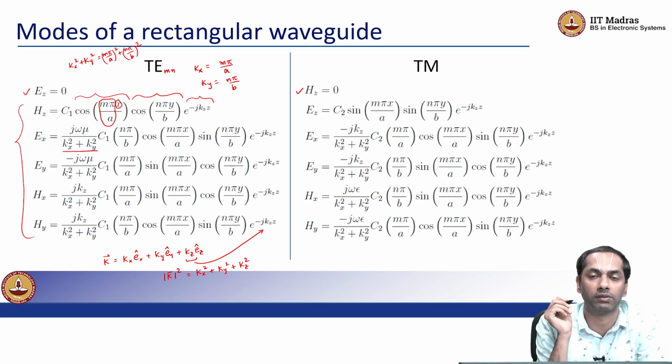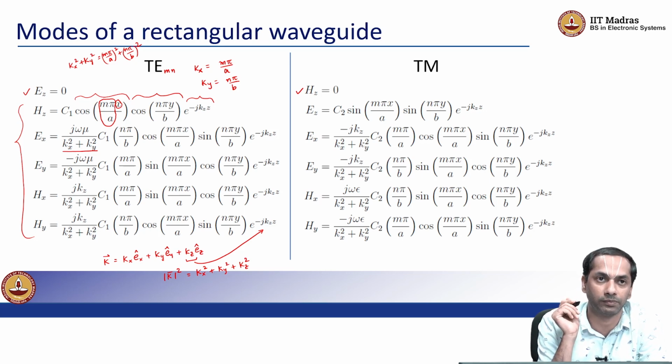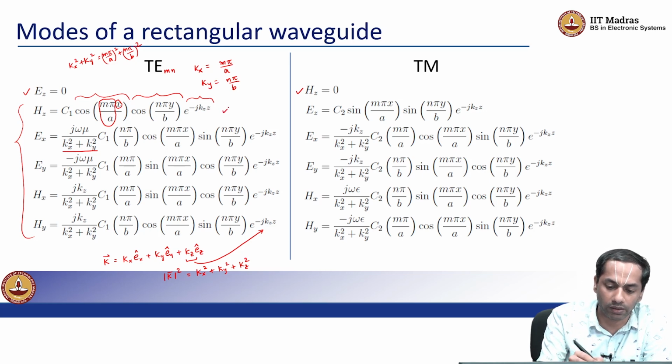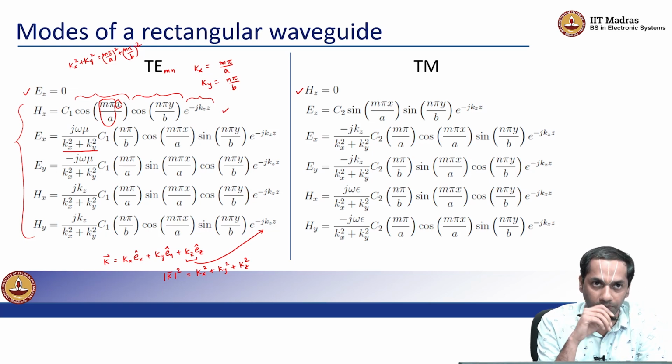Because remember that when we looked at the TE case for the parallel plate waveguide, when we put m equals 0, we actually didn't get a solution, we just got 0 fields. So let us see if we can put m and n both to be 0 in this case. It seems like Hz is okay because it's only a cosine of 0 and cosine of 0.